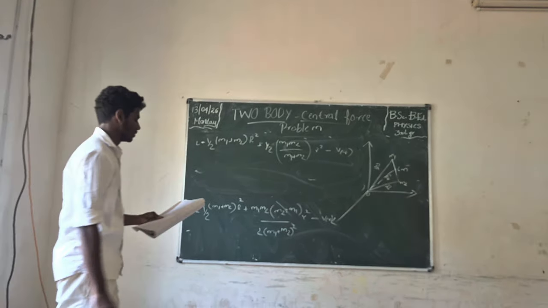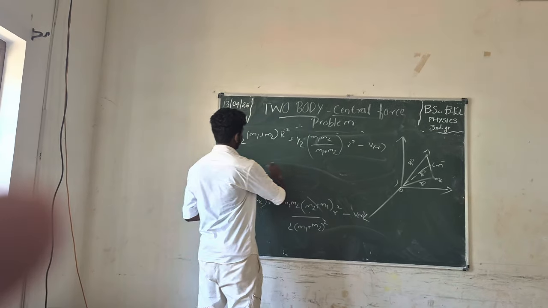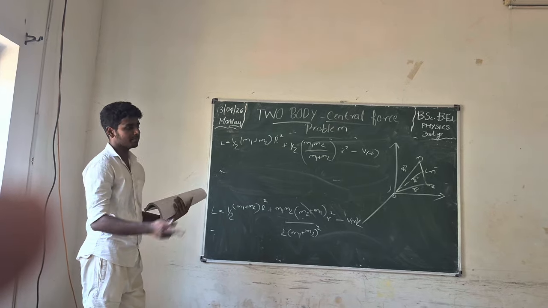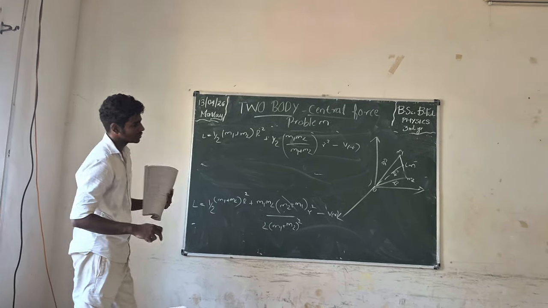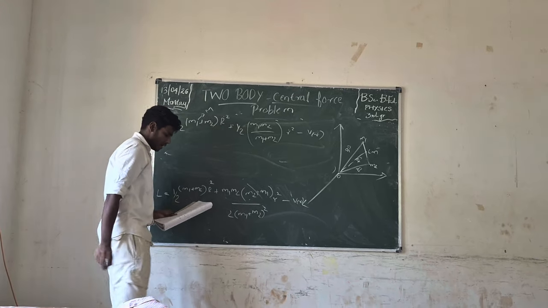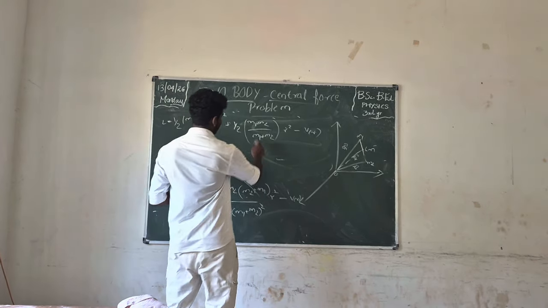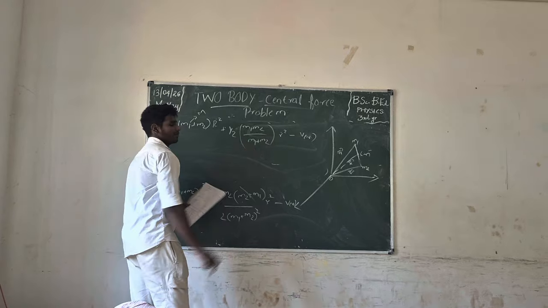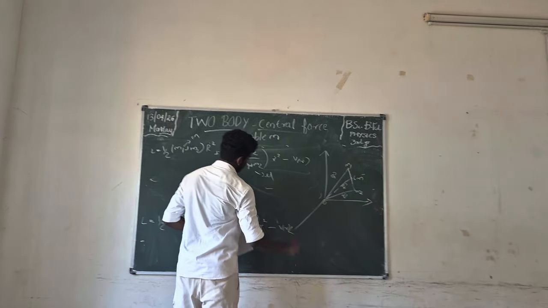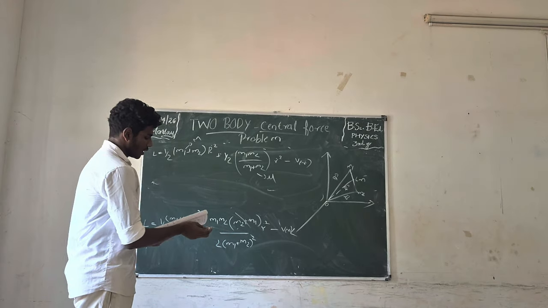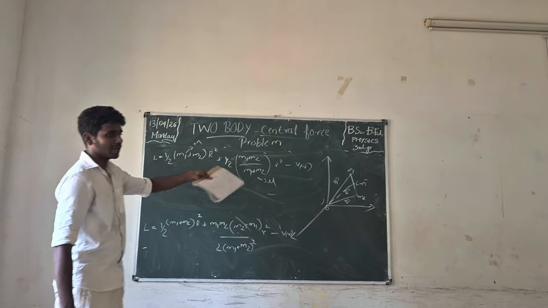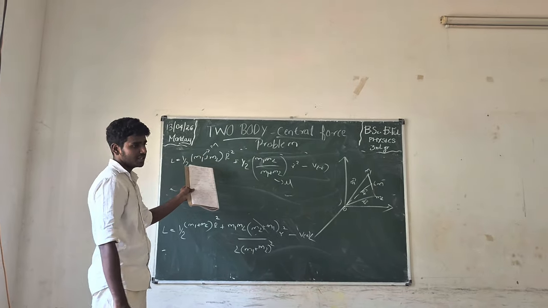Okay, so from here we can write this m1 plus m2 as capital M, the whole mass, and we can write this m1 m2 divided by m1 plus m2 as mu. What is mu? It is the reduced mass of the system, and this is the total mass of the system.